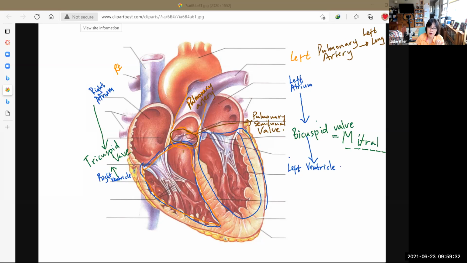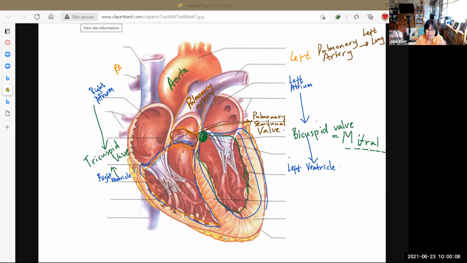Oh wait, the fourth valve, if you guys can see this here. Can you guys see this? Maybe I wish they had more color. Over here. Can we see that over there? Now, where is that between? Between the left ventricle and aorta.